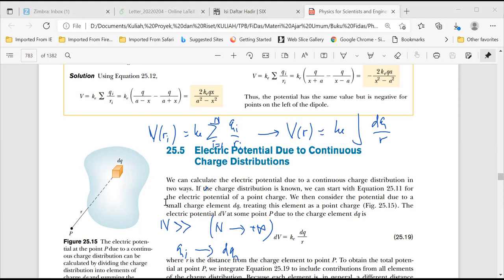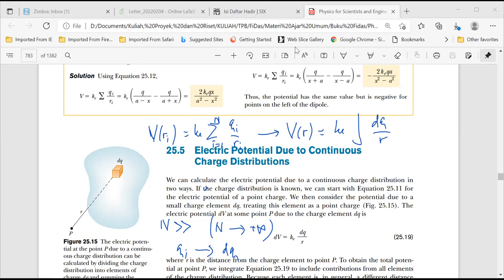This continuous charge distribution is an approximation of reality of the discrete case. In general, in the universe, we have discrete charge.